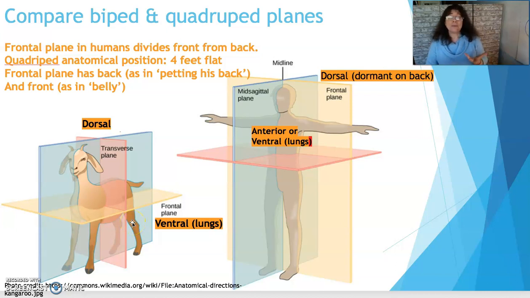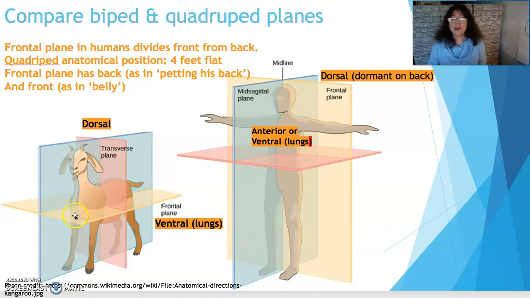Our frontal plane in orange divides the back of this animal from the ventral side where the lungs are located underneath.